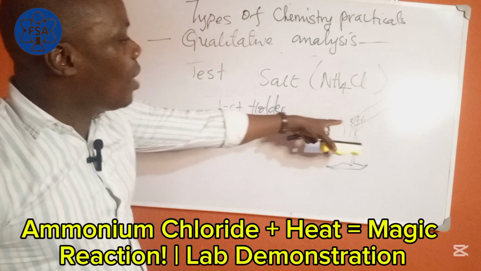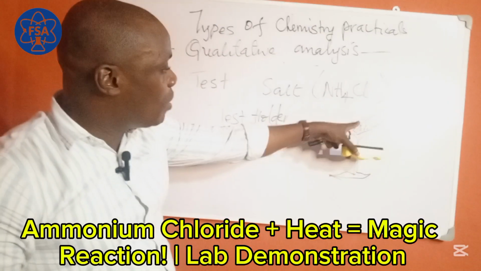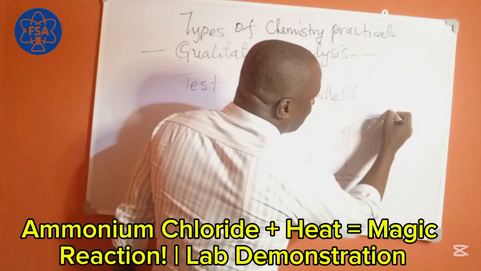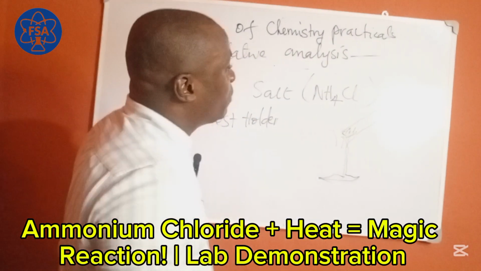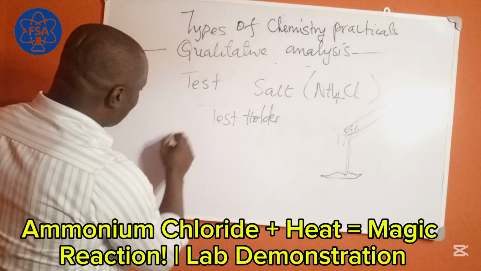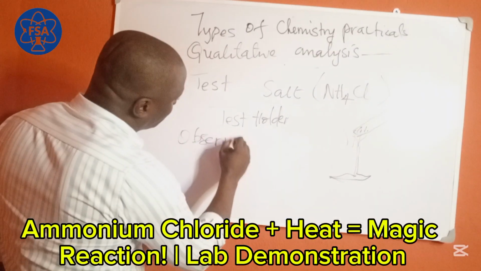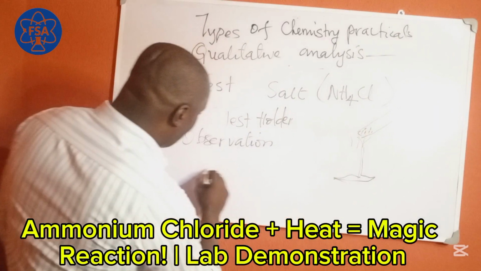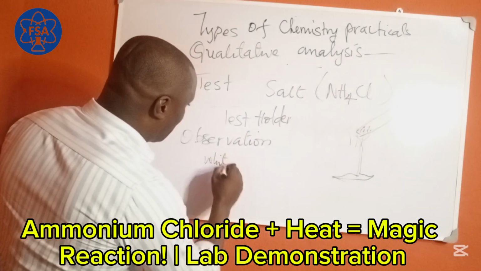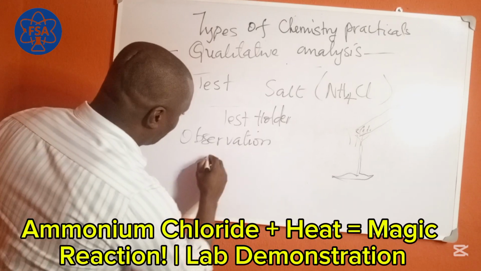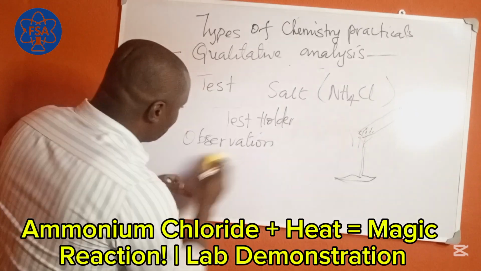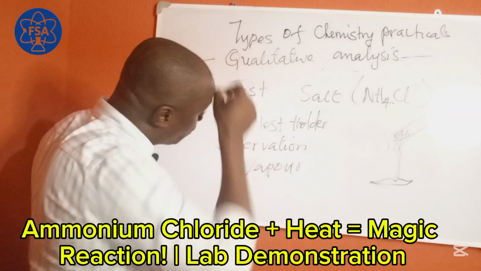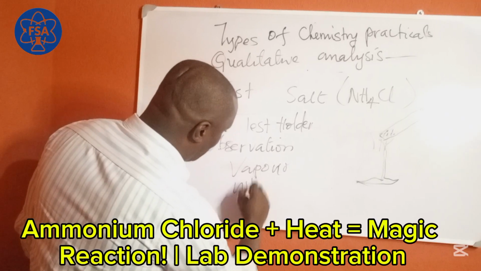What you observe is that as you are heating, the heat is going up. The ammonium chloride will settle at this part. Under observation, you will see a white film, a white vapor, and also a white film.